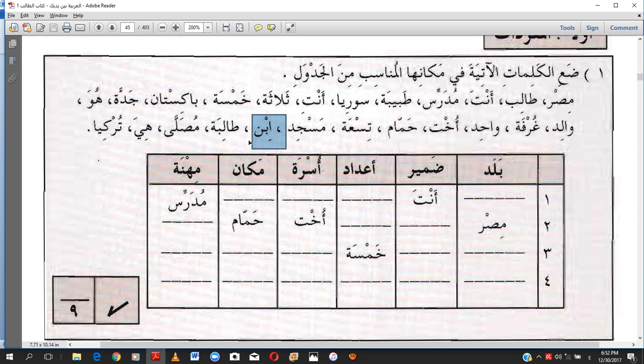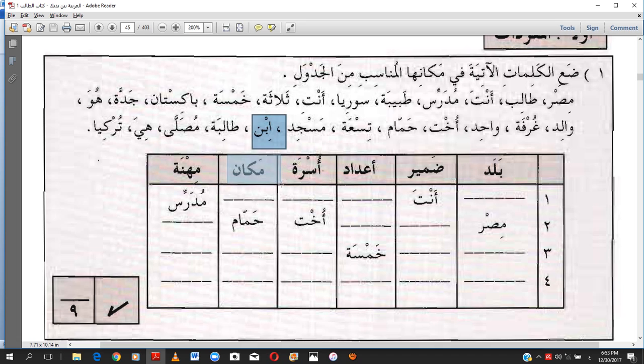Walad. ووالد وما ولد. You read Quran. Allah Ta'ala said in Quran, ووالد وما ولد، لقد خلقنا الإنسان في كبد. And that's it. That's all of the family members.